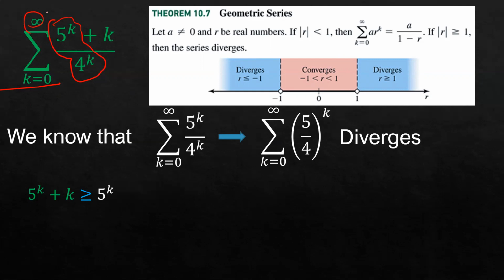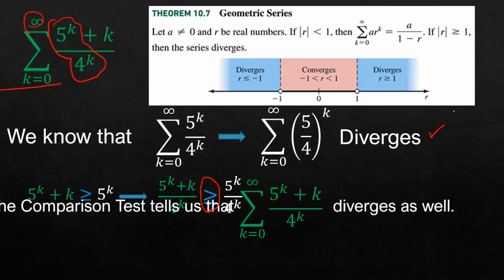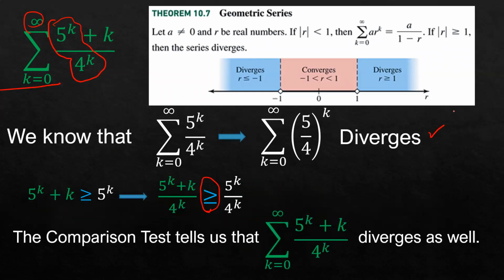So take that and divide both sides by 4 to the k power. The inequality stays, because 4 to the k power is a positive number. When we divide by a positive number, the sign doesn't change. So we have now established that the green series is always going to be bigger than the one that diverges. So the comparison test says that our green series diverges as well.